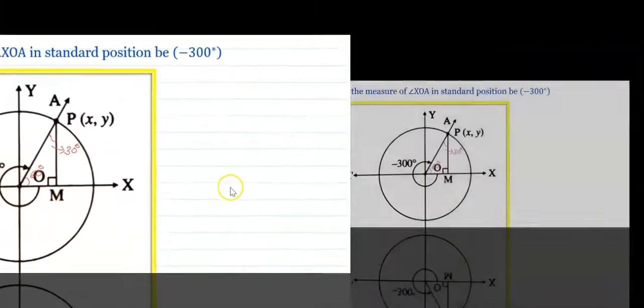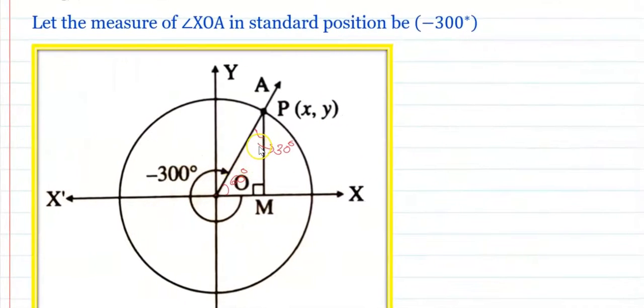Now again by 30, 60, 90, as I will tell you every time, the side opposite to angle 30 is half of the hypotenuse. OP is 1 and therefore OM is equal to 1 upon 2. PM is the side opposite to angle 60 degree and that is equal to root 3 upon 2.